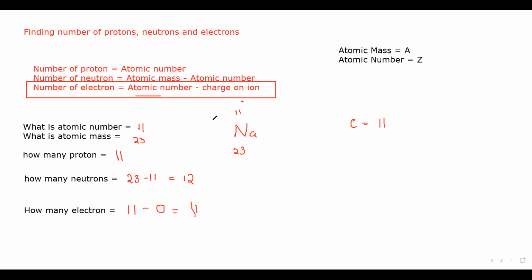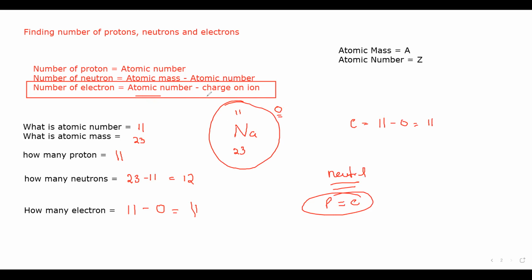And is there any charge like plus or minus on this? There is no charge, so the charge is 0. So 11 minus 0 is equal to 11. And for a neutral atom, the number of protons is always equal to the number of electrons. So even without the formula, you can substitute. If you know there are 11 protons, there should be 11 electrons, because overall it is neutral.